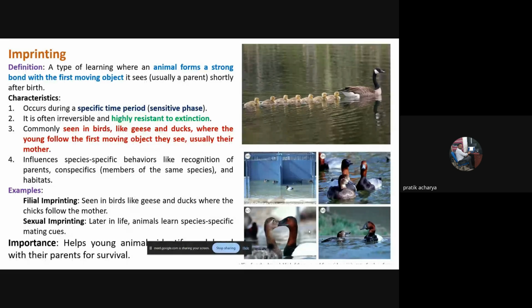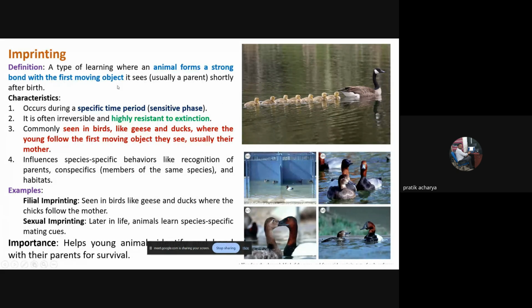So the first thing in learning patterns, we will discuss is imprinting. Just look at the pictures on the right side. Different kinds of pictures are there. First of all, we have to understand what imprinting is. The objective of imprinting is that the animal forms a strong bond with a fast moving object.